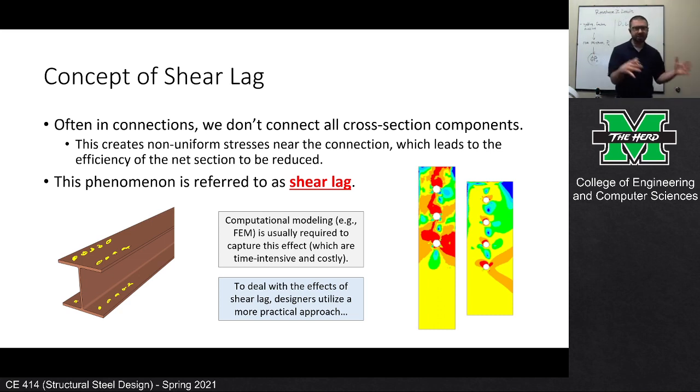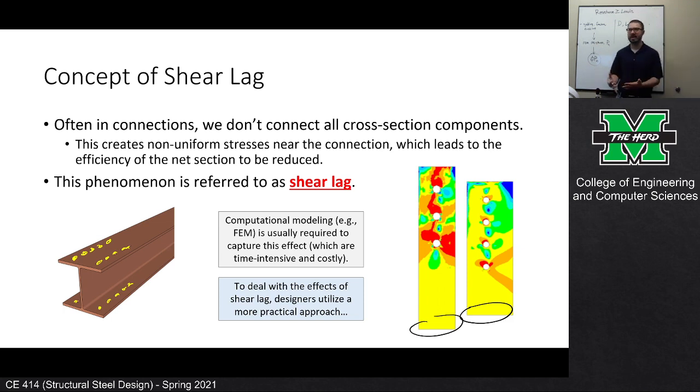And it's not just that. The physics and the mechanics of connections in general tend to create non-uniform stresses around the connection. When you break out a full-blown Abaqus three-dimensional finite element analysis and do the nonlinear analysis of a tension member subjected to the types of loads you see in structural systems, what happens is this: when you look at the main body of the member, this is the gross section.